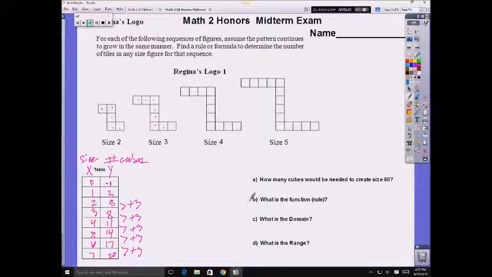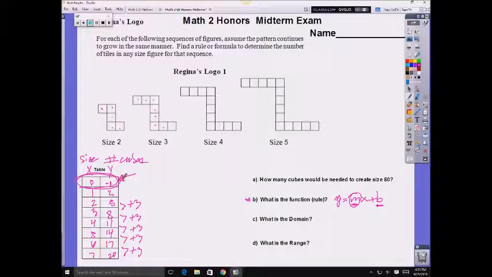So B, if we do B first, the function that describes this rate of growth is, because it's linear, y equals mx plus b. We need to find two things. We need to find the m, the change, the slope, and b is the starting point. B is always the y value at 0. B happens at the very beginning.